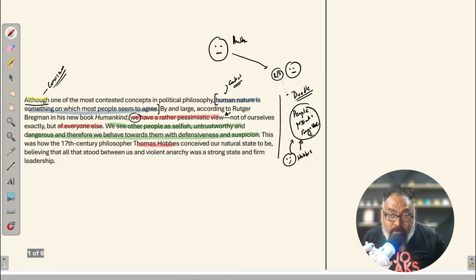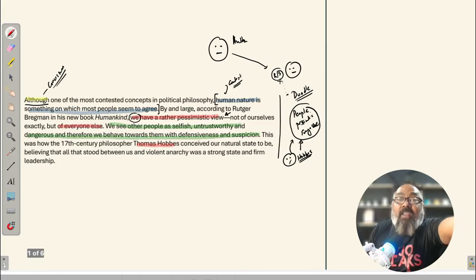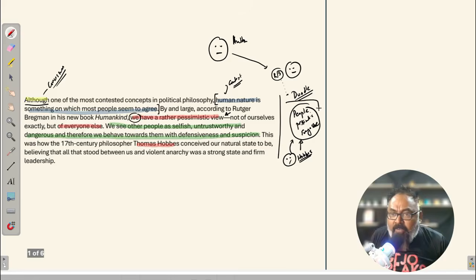We look at everyone with suspicion. That is what Hobbes thinks, and what Rutger Bregman is reporting in his book. So I think that's the context: people have a pessimistic view about everything else.